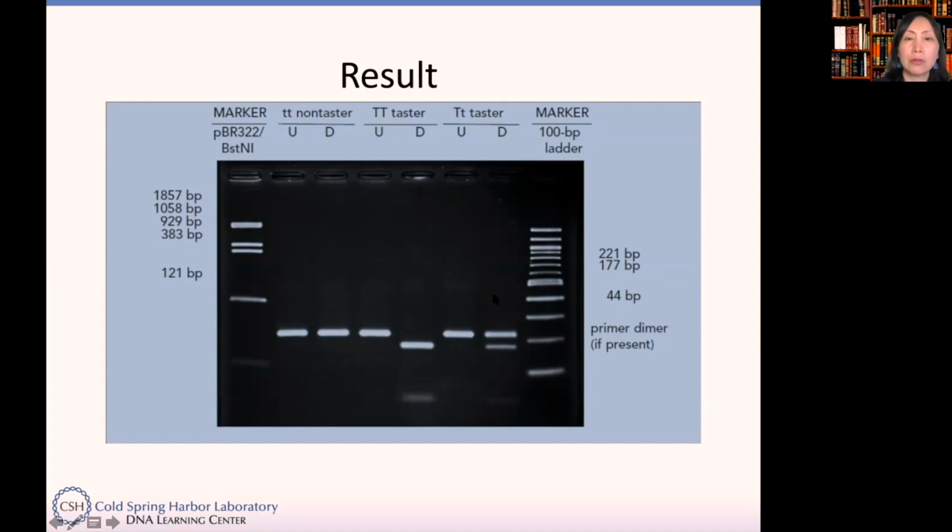The third student here has 3 bands under the D lane. That means this student has both non-taster and taster genes in his sequence. So his genotype should be big T, little t, and we predict he is a taster.